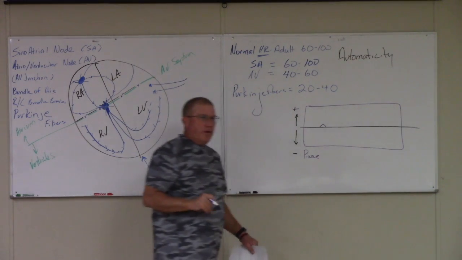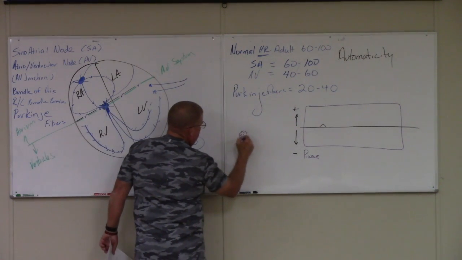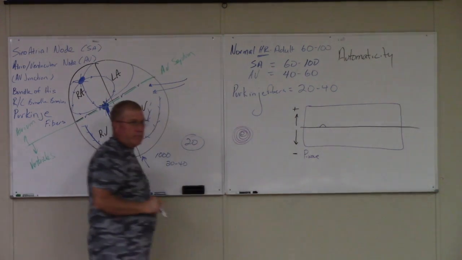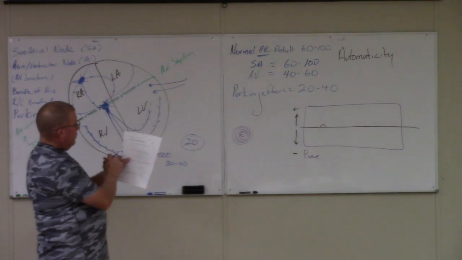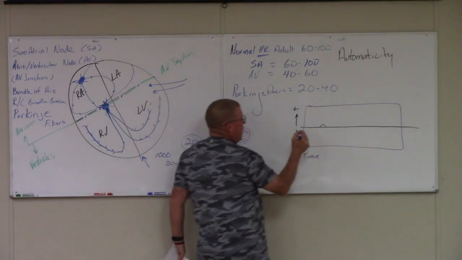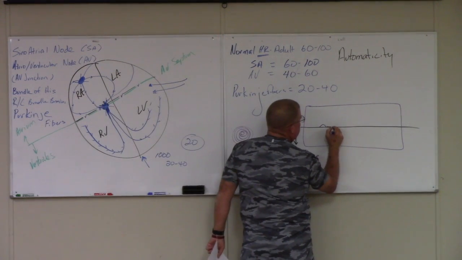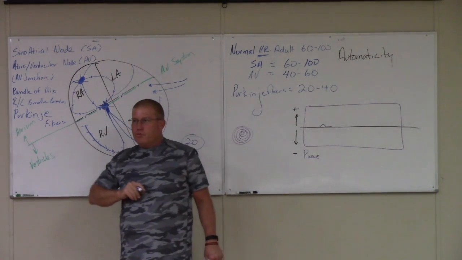You know, I told you about that little deal, the AV node looks like a spring. Okay? The next little line on there kind of goes right along this isoelectric, means there is no electrical charge taking place. It's at zero, it's at neutral.